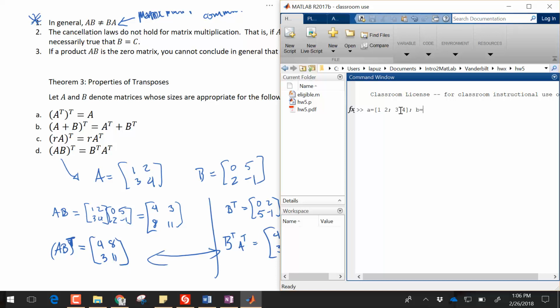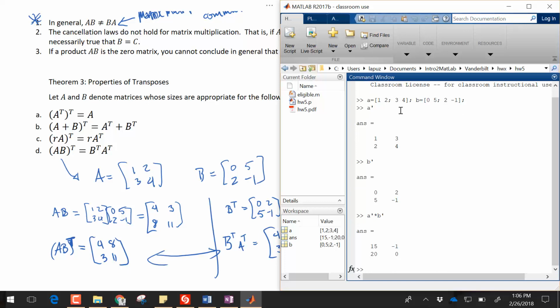B equals 0, 5, 2, minus 1. And so A transpose can be written, transpose, remember, in Octave or in MATLAB is with an apostrophe. B transpose. And so A transpose times B transpose.